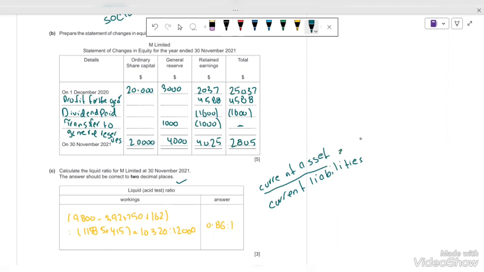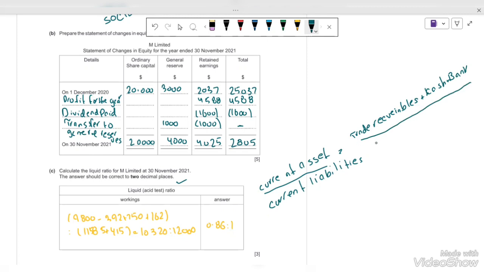In the current assets, we add trade receivables plus your cash at hand and bank, and we divide it by the current liabilities.